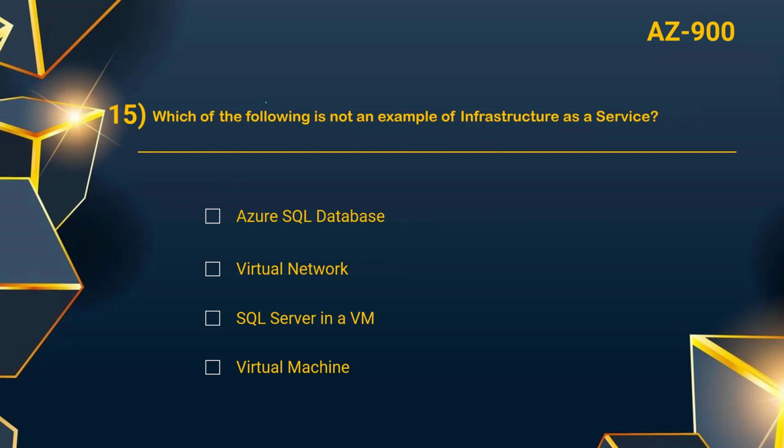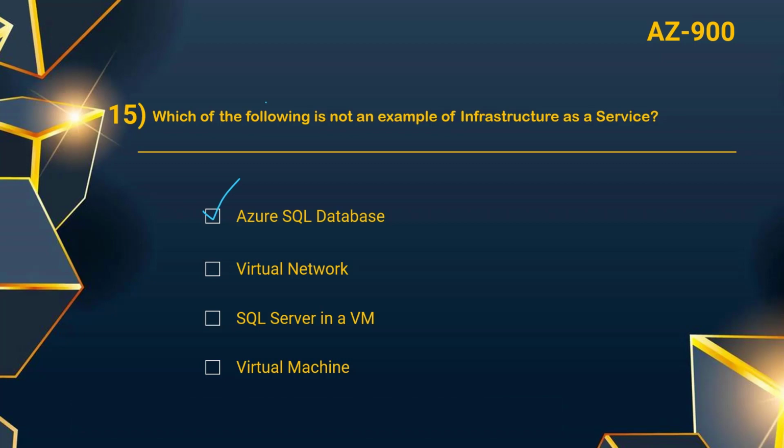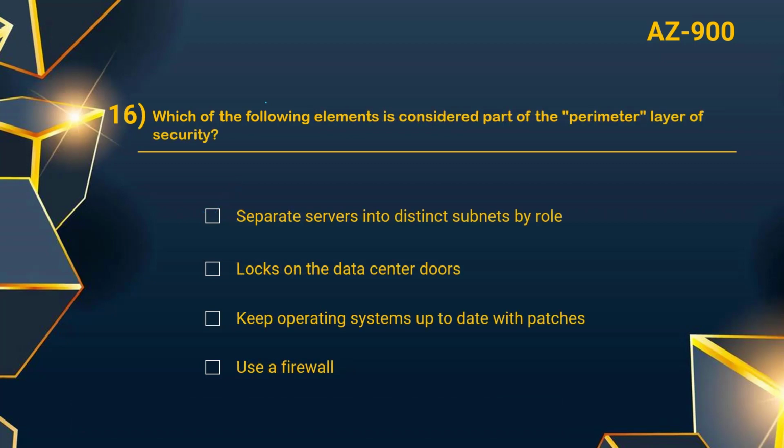Which of the following is not an example of infrastructure as a service? Which of the following elements is considered part of the perimeter layer of security?